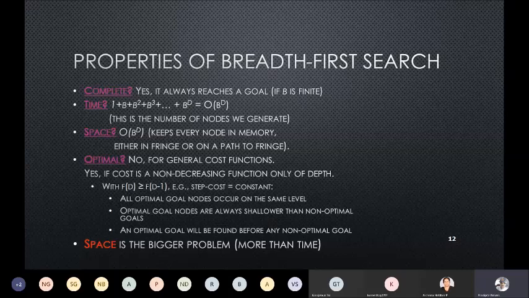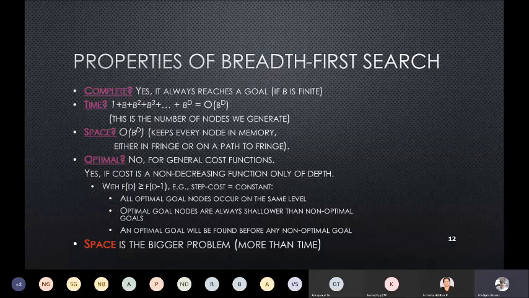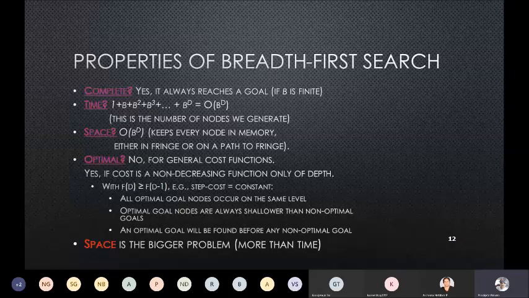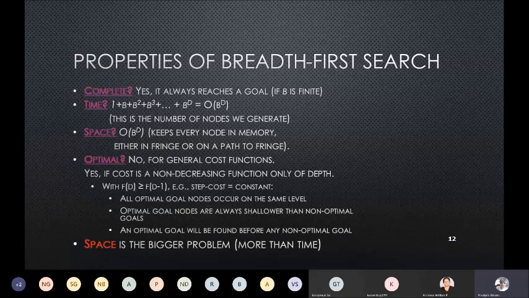If you are not clear about the definition at this point, just remember that the time and space complexity are bad. So this search will bring you to the goal node, but it will take too much time and too much space.